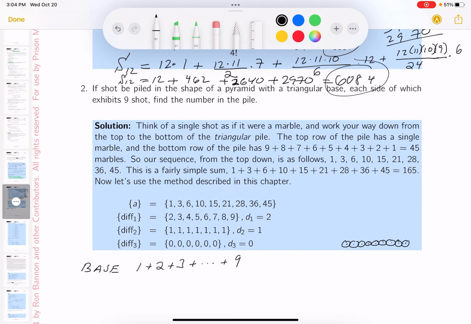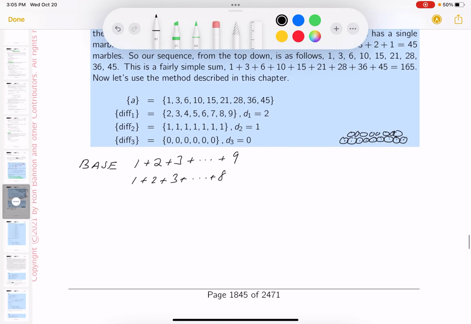And then as you move up, you start to realize it's really the same pattern. But now what do I have? I have the next row up is going to have 8. You get the idea? So the base, the row up from the base would have 1 plus 2 plus 3 plus up to 8. Now I think I got a pattern here.